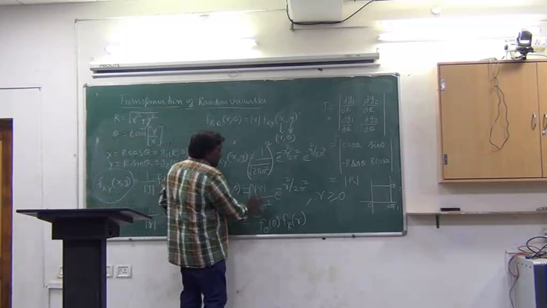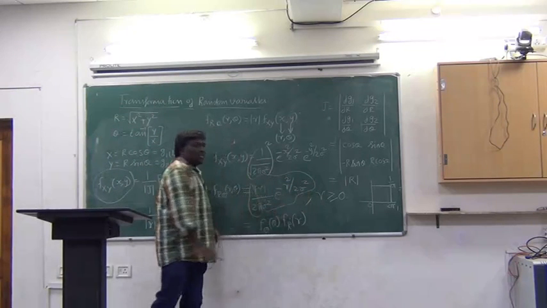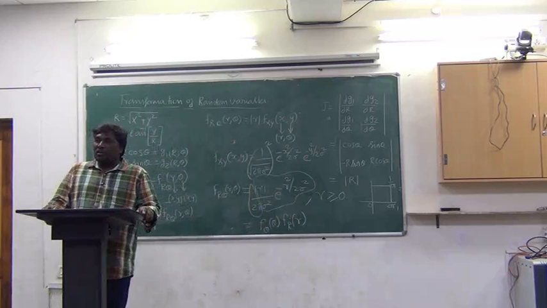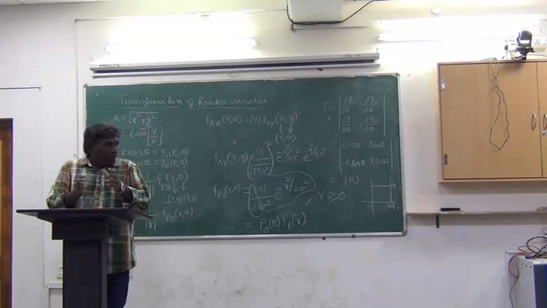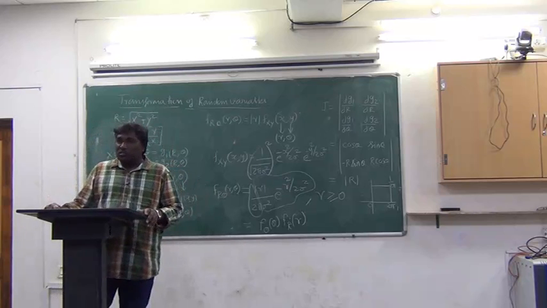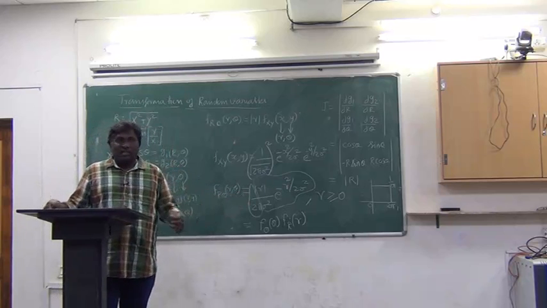And we have this other component, which is Rayleigh distributed: R by sigma square, e power minus R square by 2 sigma square. But remember that we have a close relationship between the Rayleigh distribution and the Gaussian distribution, because from the Gaussian we are getting this.